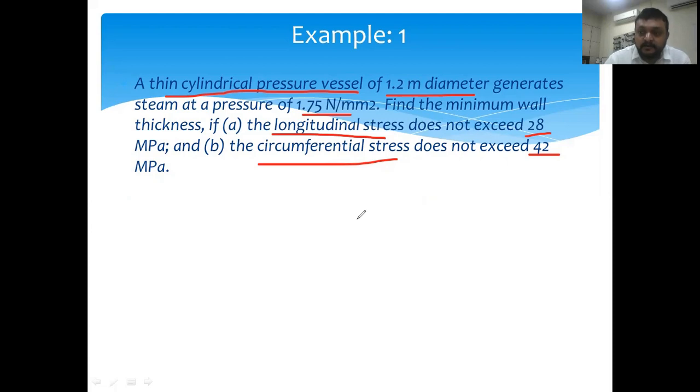Failure along the length, longitudinal, converts the cylinder into two troughs, and longitudinal stress is along the length of the axis. Failing circumferentially converts the cylinder into two more cylinders. So by governing the two equations we have discussed in the previous slides, we have to find out the thickness.